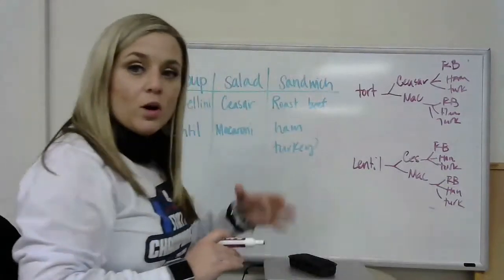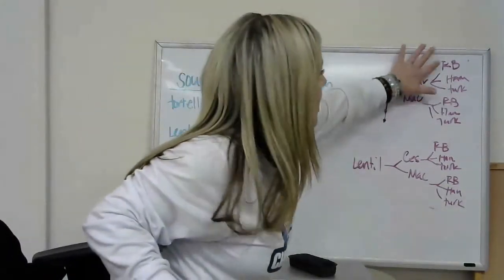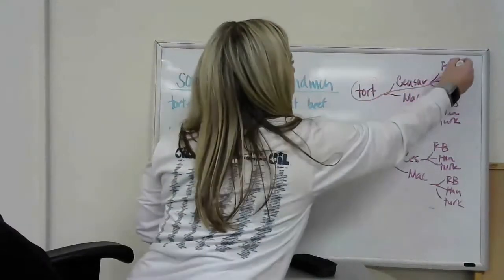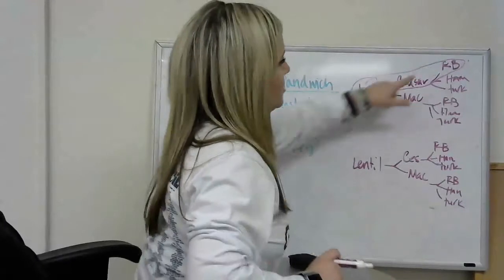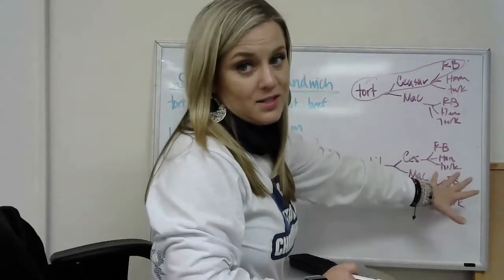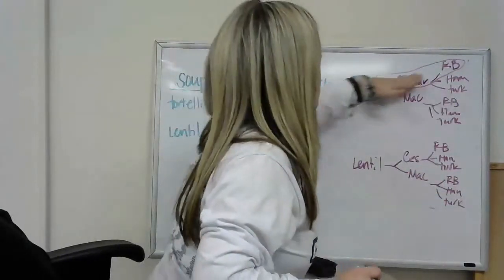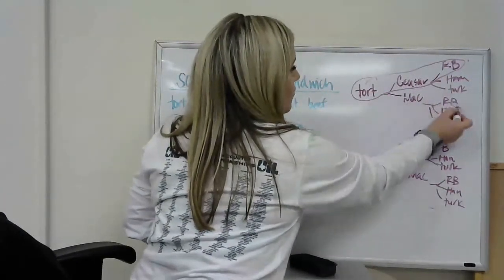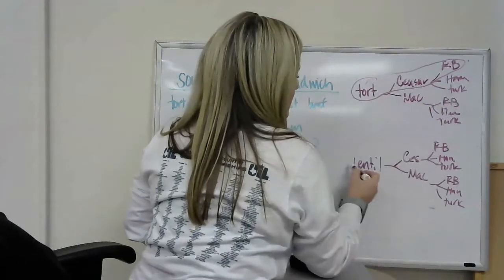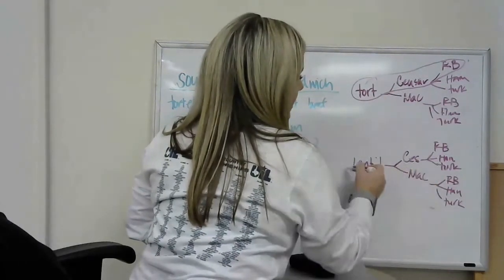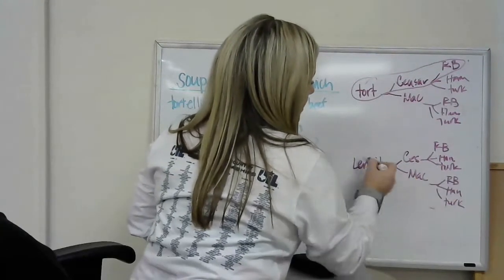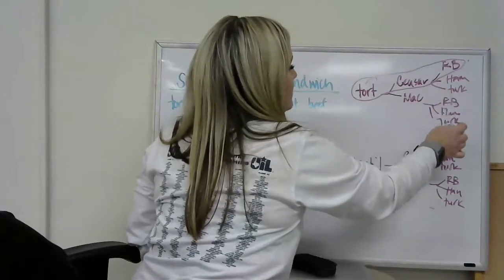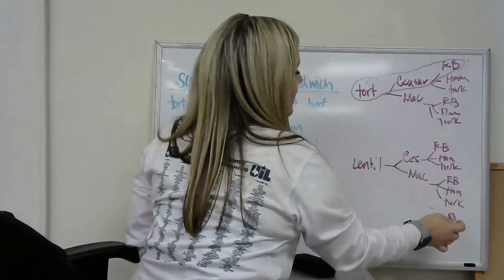So if I wanted to see all the possible outcomes for this, I can just come over here and count the ends of the tree branches, and that adds it up. So this is 1, 2, 3, 4, 5, 6, 7, 8, 9, 10, 11, 12.